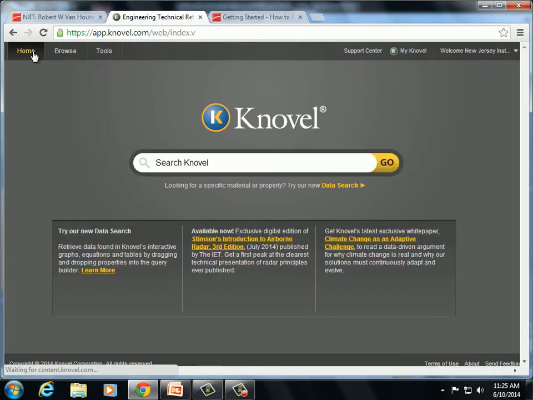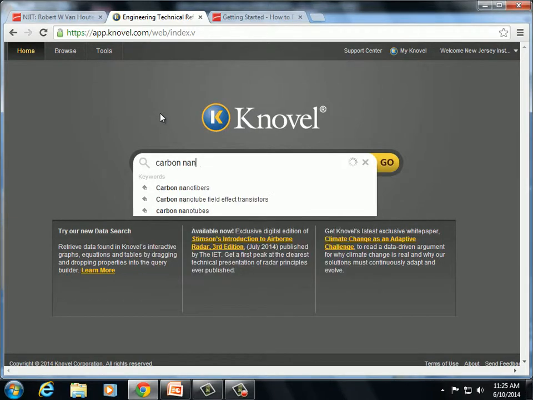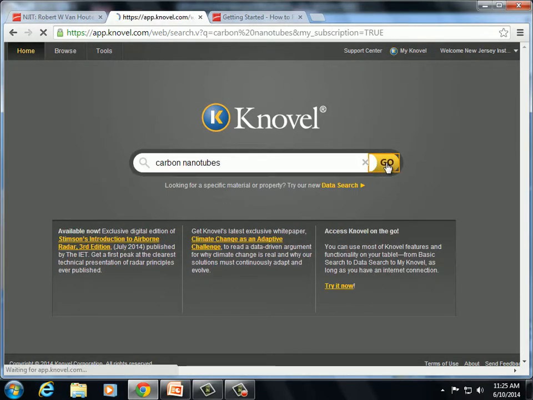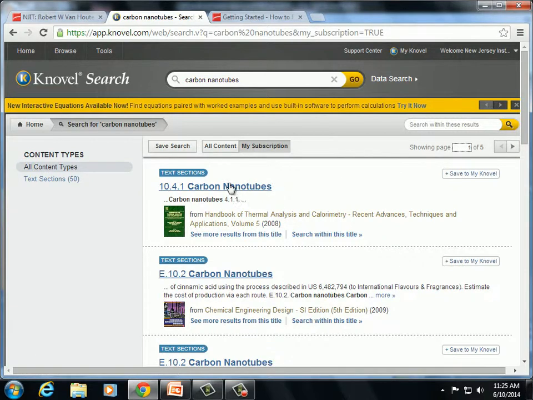Go back home. We're not going to use data search, so we're going to say here carbon. Here are some examples within the 400 handbooks that are covered by Novel.